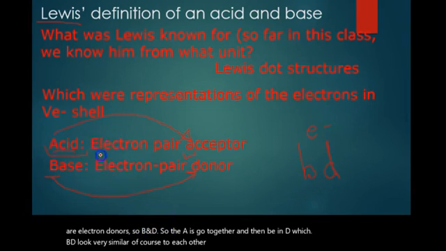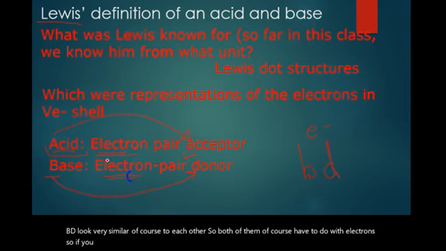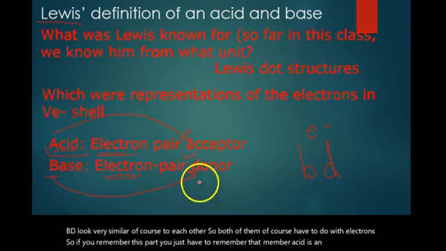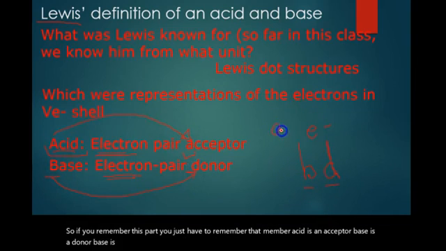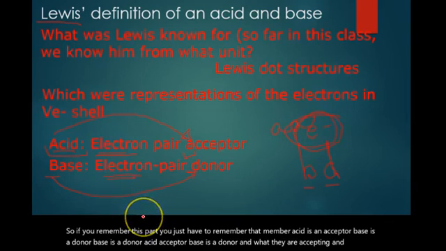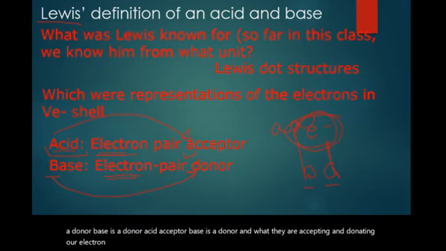Both of them have to do with electrons. So you just have to remember acid is an acceptor, base is a donor. Acid, acceptor; base is a donor. And what they're accepting and donating are electron pairs.